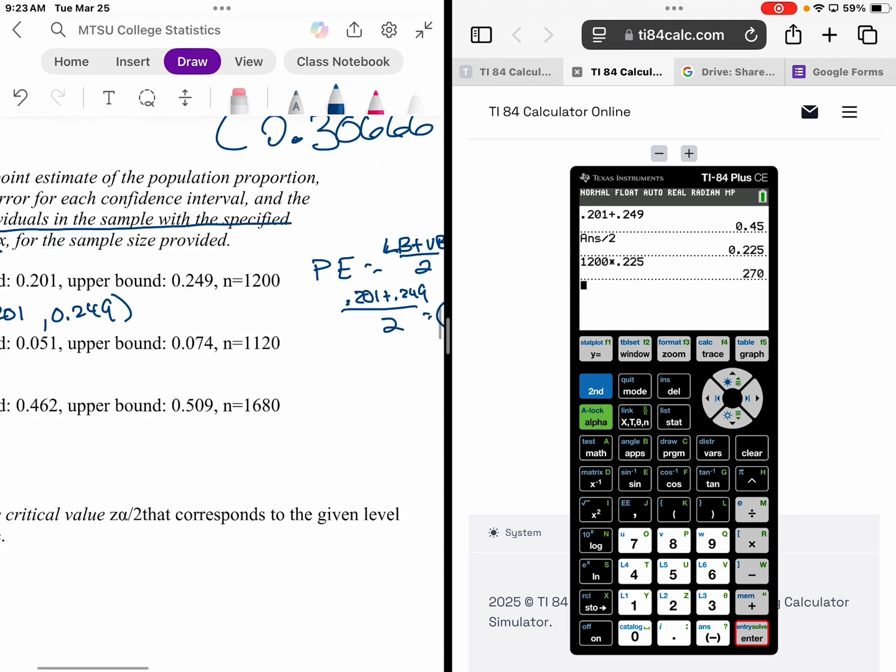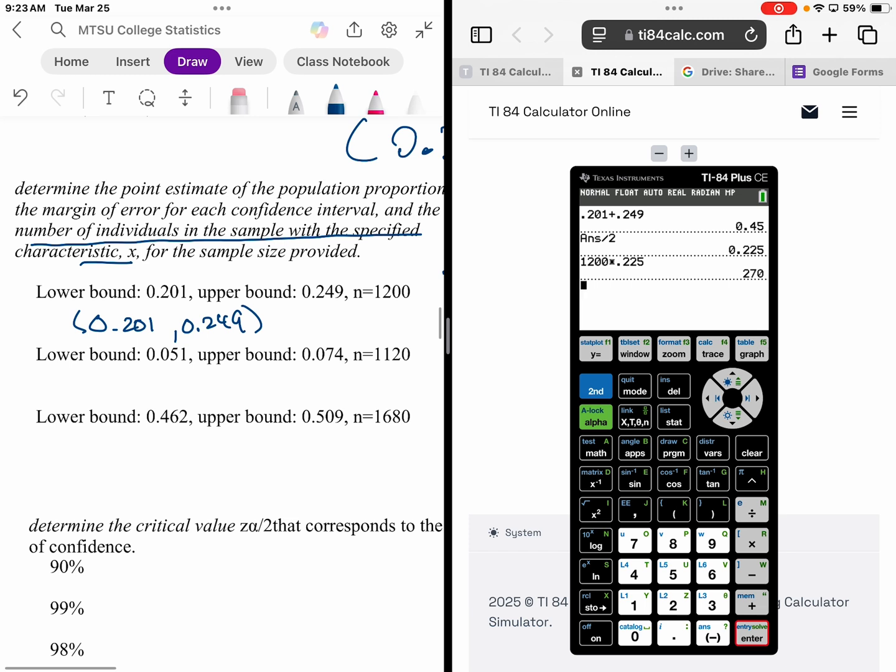And again, we get to practice that a couple more times. So lower bound is 0.051, upper bound is 0.074. I'm going to find my point estimate first, which is P hat.